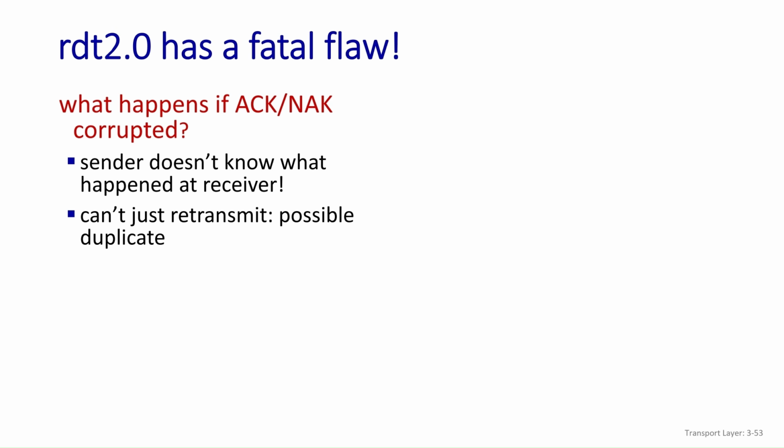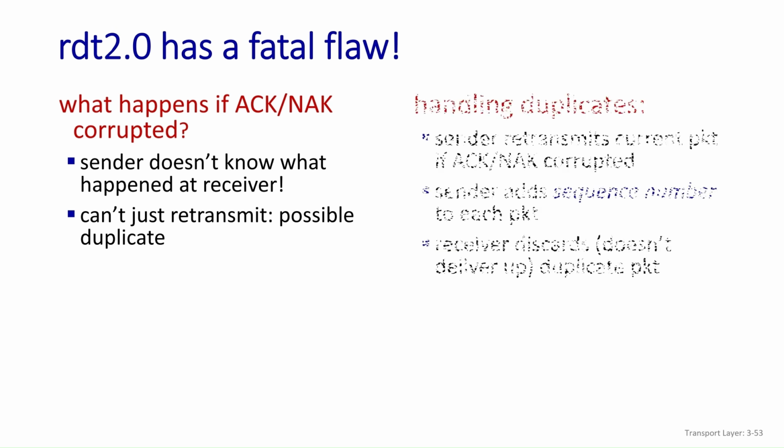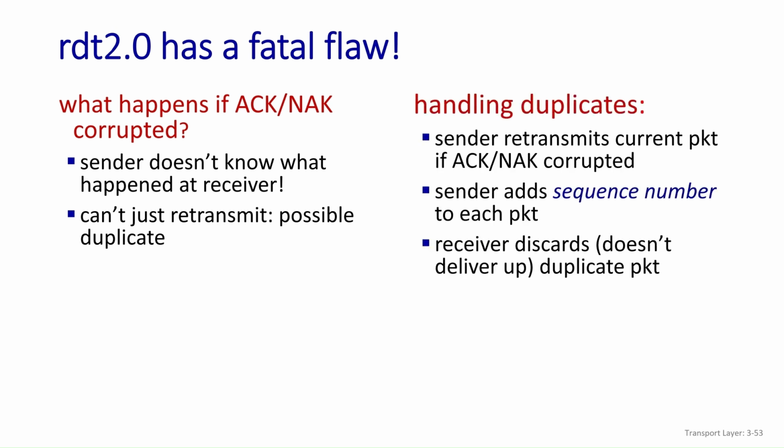So what happens if acknowledgement and negative acknowledgement are corrupted, garbled? The sender does not know what happened at the receiver. If it retransmits, this will cause duplicate packet processing at the receiver. So what should we be doing?